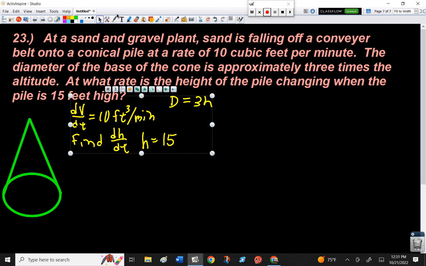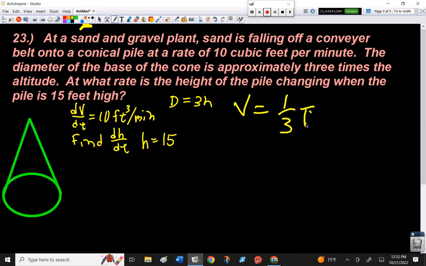The volume of a cone, ladies and gentlemen, is 1/3 pi r squared h. And some of y'all are like, hey sir, we need r. We don't have any r. It's true, we don't have any r. So we're going to have to be really creative with this problem.